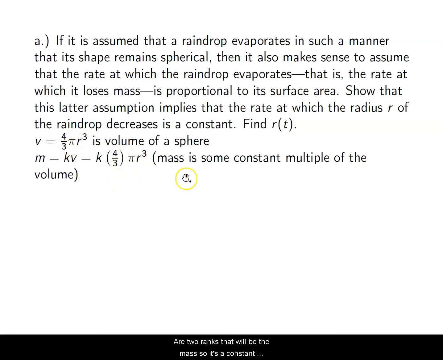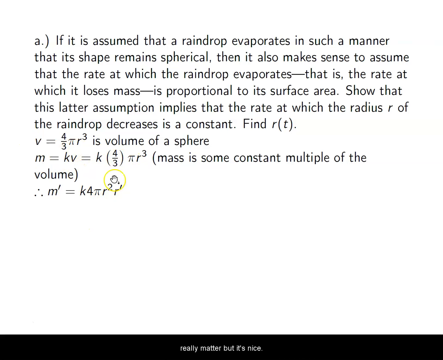So it's a constant multiple of the volume. The first derivative of mass will be this function differentiated with respect to t. I could have just taken this v prime and then thrown it into this equation, but here I threw it in first and then differentiated, so it doesn't really matter.